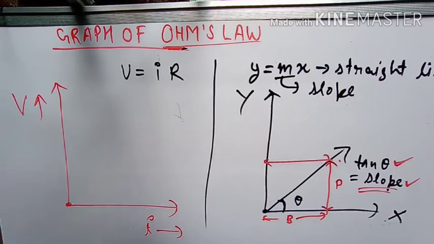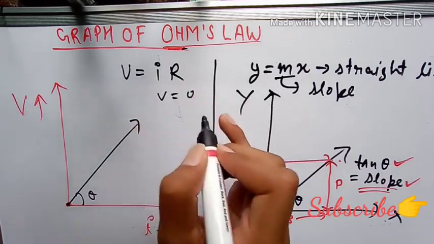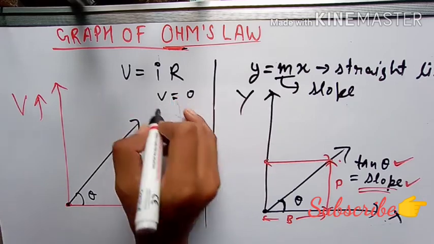R will be the slope of this graph, and this is the graph. So every time I am drawing the graph from the origin. Do you have curiosity to know why I am doing so? The reason being, when you put V is equal to 0, what will you get?